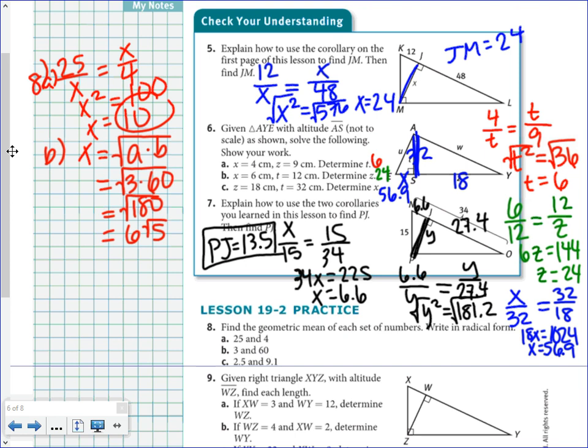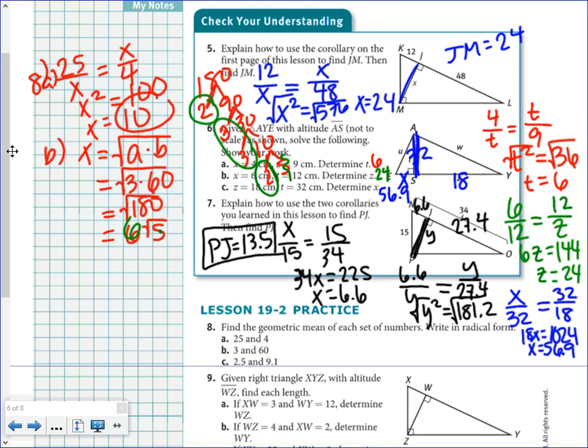Let's see, I'll do it over here. 180, we give you 2 and 90, 3 and 30, 3 and 10, and 2 and 5. And you've got a pair of 3s and a pair of 2s to make the 6. And then you've got the 5 that's left that goes inside the radical.